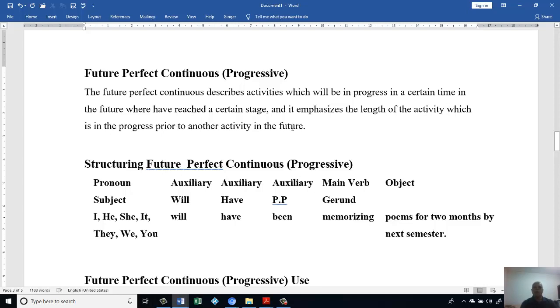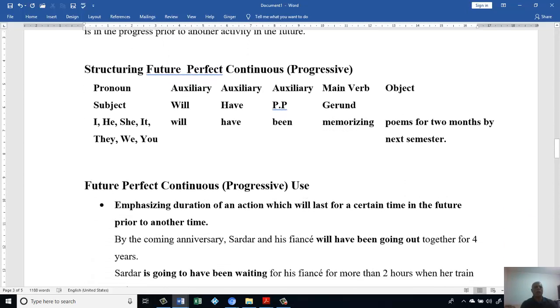It means we think about a specific time in the future, and the activity will continue in that time in the future. Let's look at how we structure this kind of sentence.